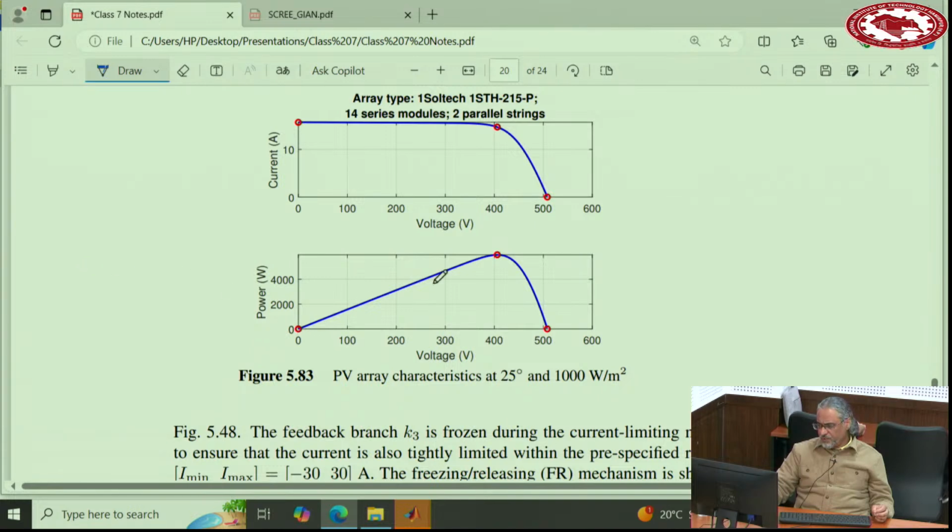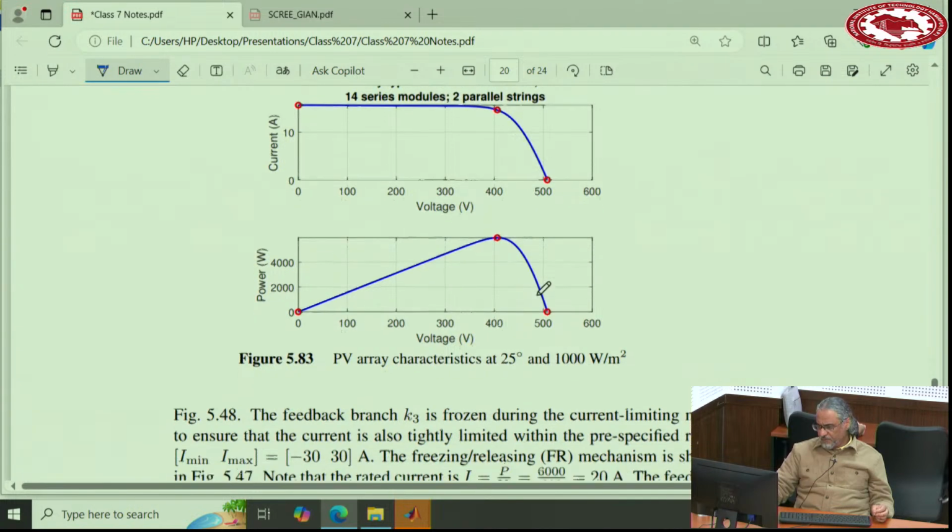So you will get the maximum power of 6 kilowatts at the voltage of 406. This is current and this is power.